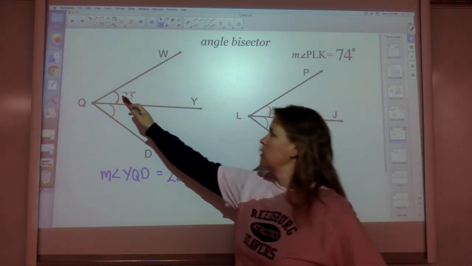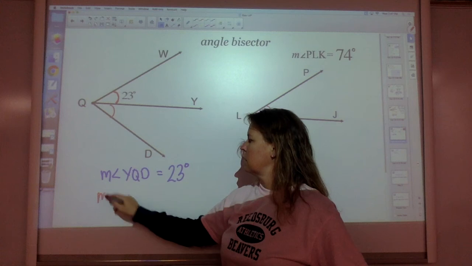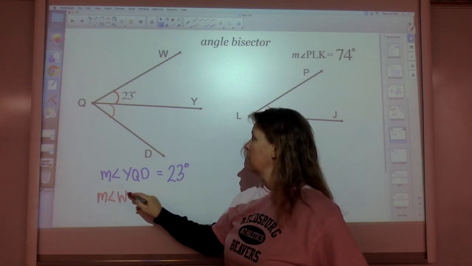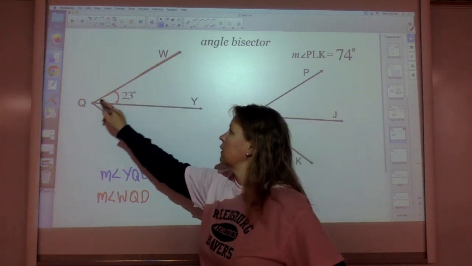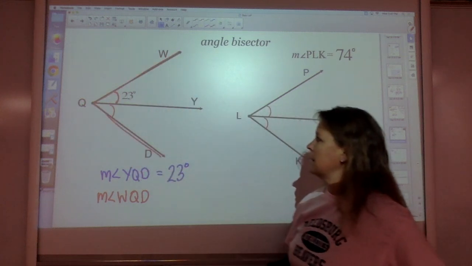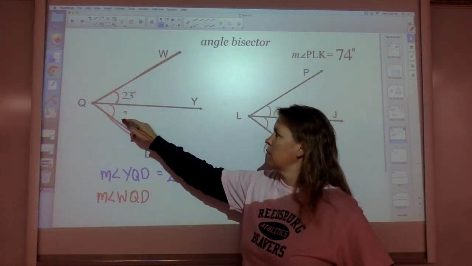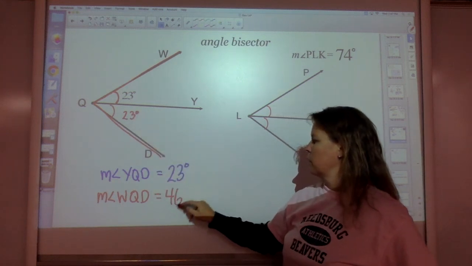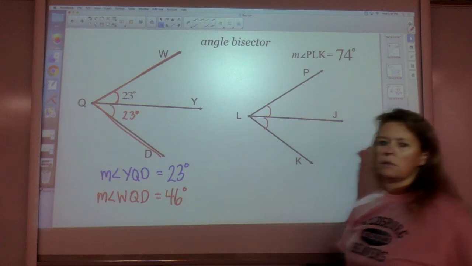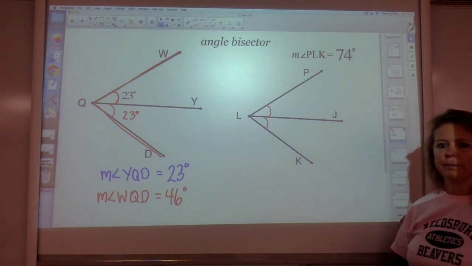Not only do you have the two little angles, but you also have the measure of angle WQD, this entire angle. How big is the entire angle? If that's 23 degrees and this is 23 degrees, then altogether it is 46 degrees. Two little angles make a big angle.